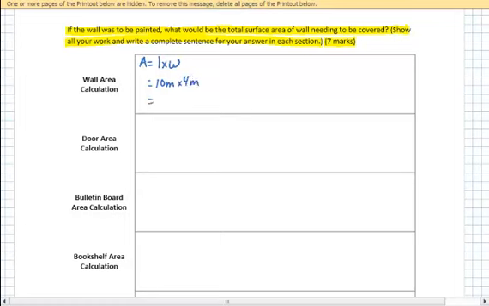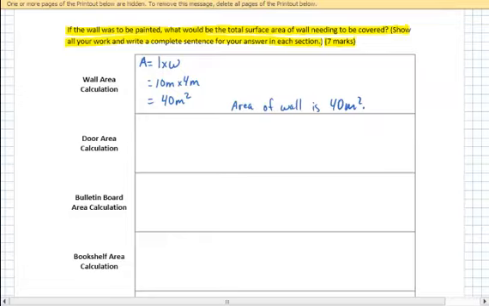If we multiply those together, we get 40 meters squared. So I would simply say, area of wall is 40 meters squared. You want a sentence answer for each area, each question.